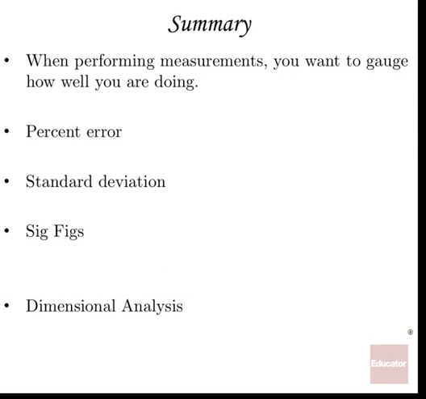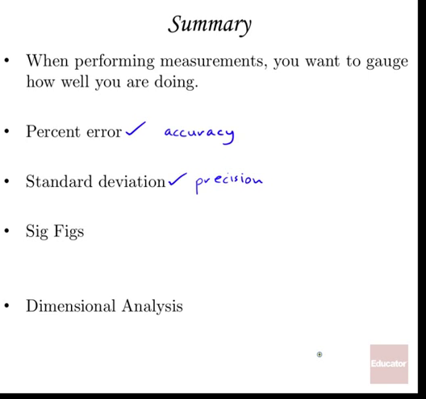So, to summarize, when you perform measurements, you want to gauge how well you are doing. And we can do this by percentage error calculation, which again is going to tell us a little about your accuracy. And we can also calculate what's called the standard deviation, and that's going to tell us how precise you were.